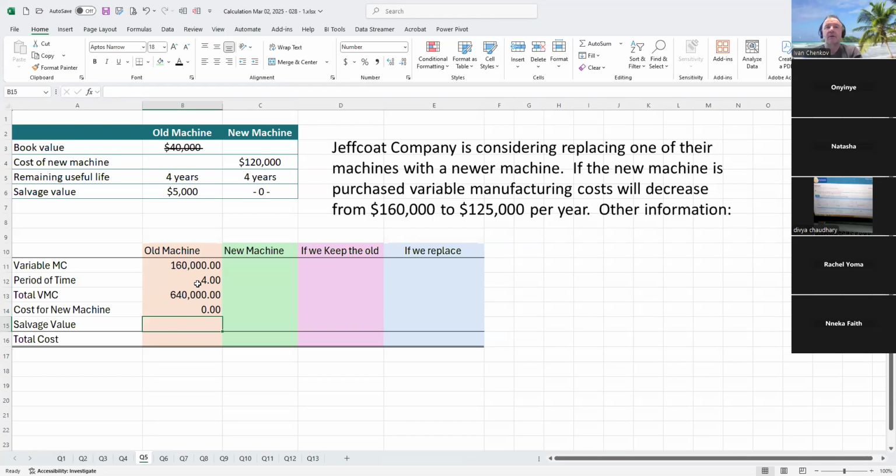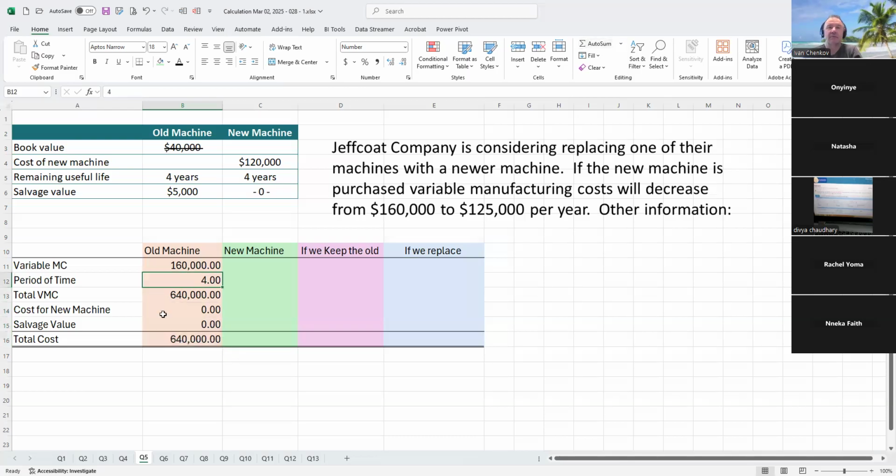And if I keep the old machine, I'm not going to sell it, so I'm not going to get anything from the salvage value because I'm not selling it. I'm using it. So it's going to cost me $640,000 over the next 4 years.